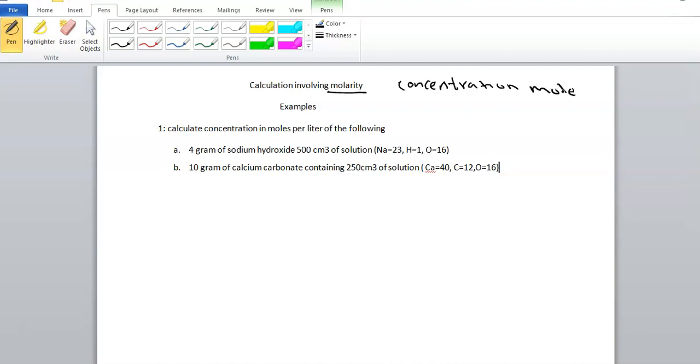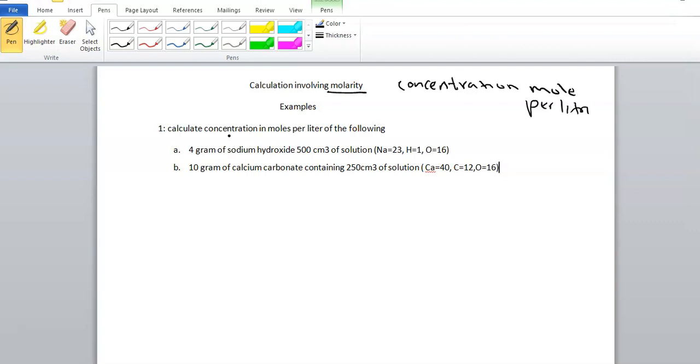If you are told to calculate molarity or concentration in moles per liter, it's the same thing. We also call it molar concentration. So when you want to calculate such questions about concentration, let us see this example.